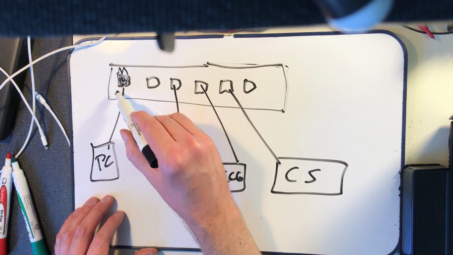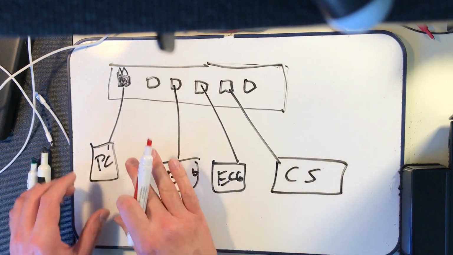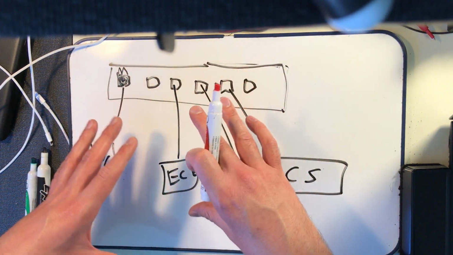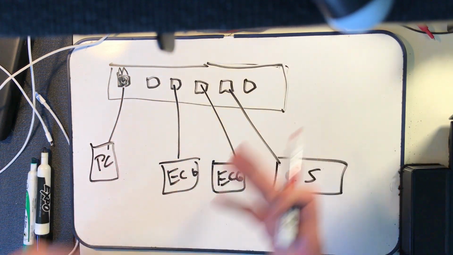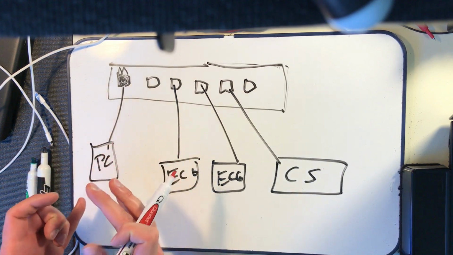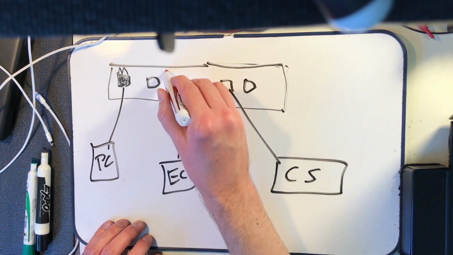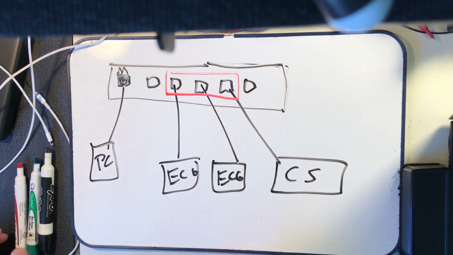And then at that point, you would tell the switch, okay, now that this is a mirrored port, whatever ports we define as the mirrored ports are going to be copied and sent to this PC. So we want to look at the data that's happening in here. That's where all the stuff is happening.